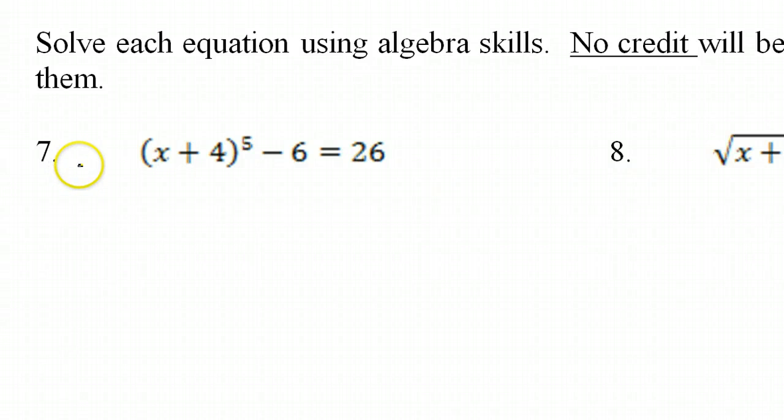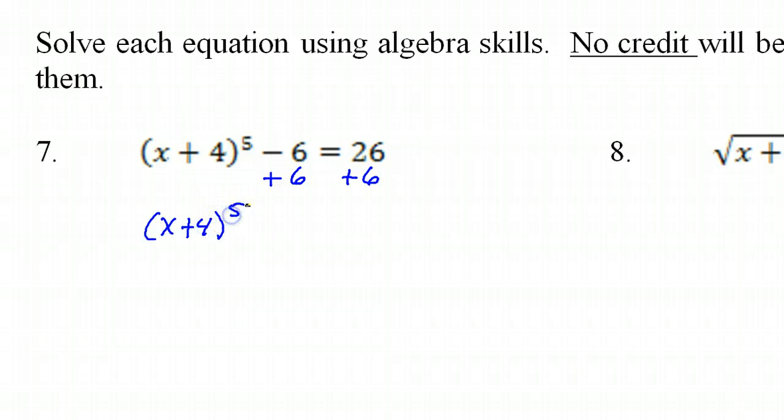Anyway, whatever, number 7. So we're going to solve this equation. We need to get this expression by itself, so what you want to do is add 6 to both sides first. So that's going to give you x plus 4 to the 5th power is equal to 32. Now, to get rid of this 5th power, we will use the 5th root. Okay, so we will do the 5th root of both sides like this. We don't need to do plus or minus because it's an odd root.